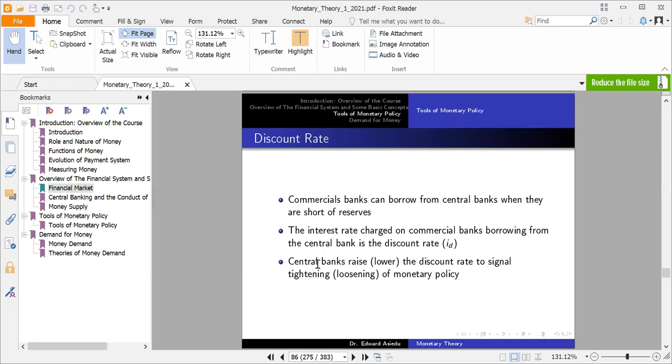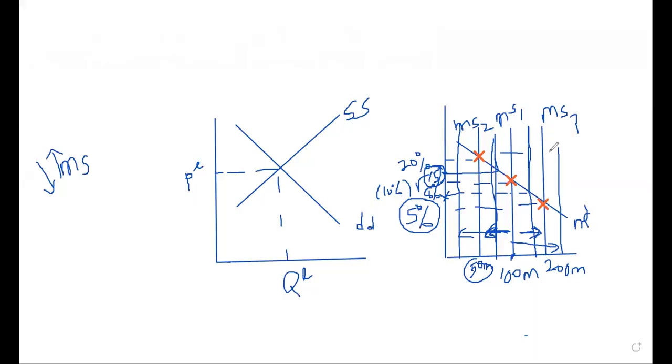If the central bank does the opposite and lowers the discount rate, meaning that the central bank says, instead of 20%, now you can come for money from the central bank at 5%, then you are loosening monetary policy. You are expanding money supply, which is to the right.